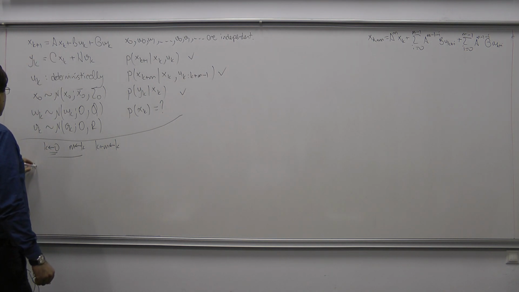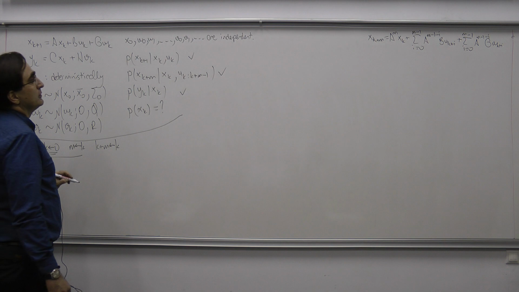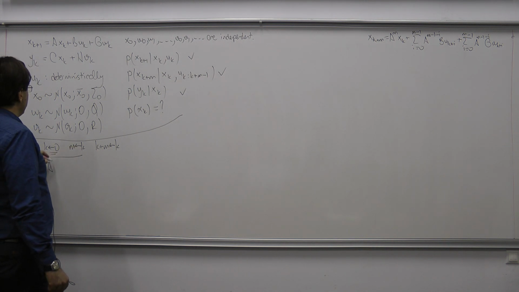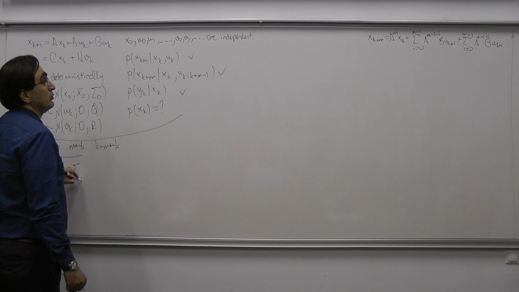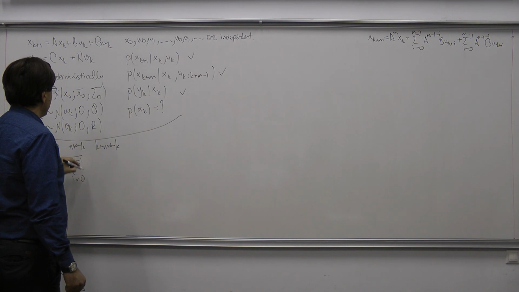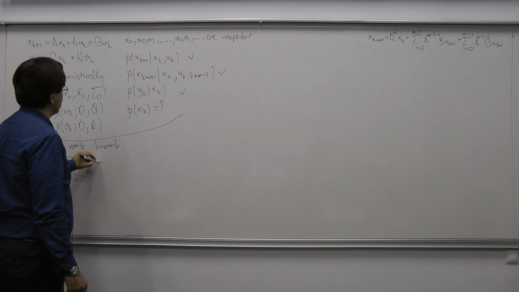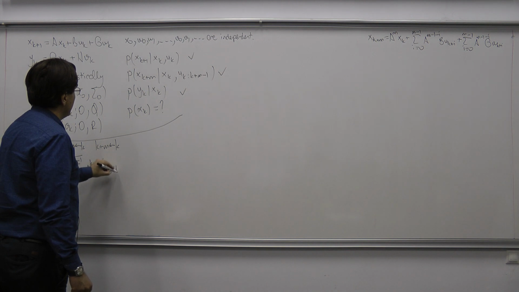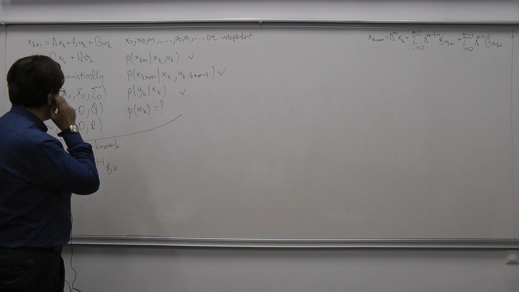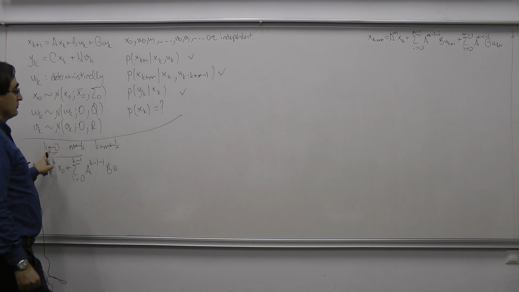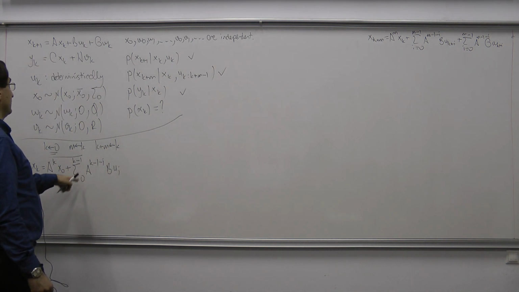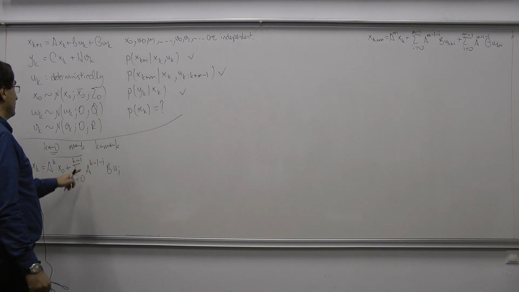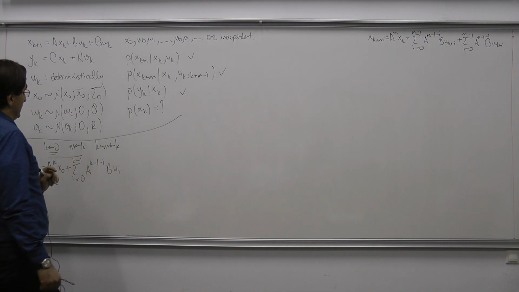So that gives me x_k, that is equal to A to the k times x0, plus the sum over i from 0 to k-1 of A to the k-1-i B u_i. Since k is set to 0, I have just u_i here. So you see here that this expression involves u from 0 to k-1.